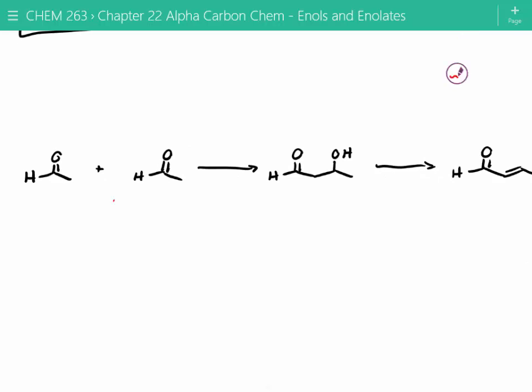So if we take these two reagents and react them with sodium hydroxide, we get aldol addition. And this is typically done at lower temps.